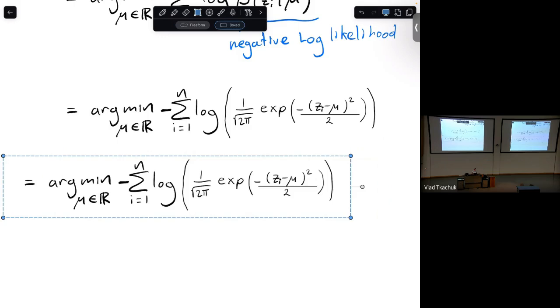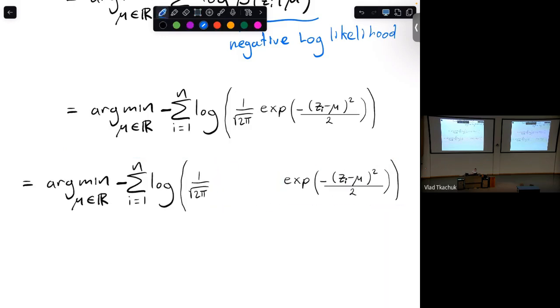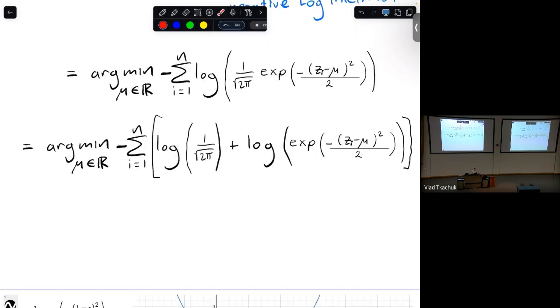Okay, maybe let's make some more room. You're going to get that the log of the product is equal to the sum of logs. So first, it's a log of this plus the log of this, and that's all in the sum. Now there's an observation that if I have a function and I shift it by a constant up or down, it clearly does not change the argument that maximizes or minimizes it.